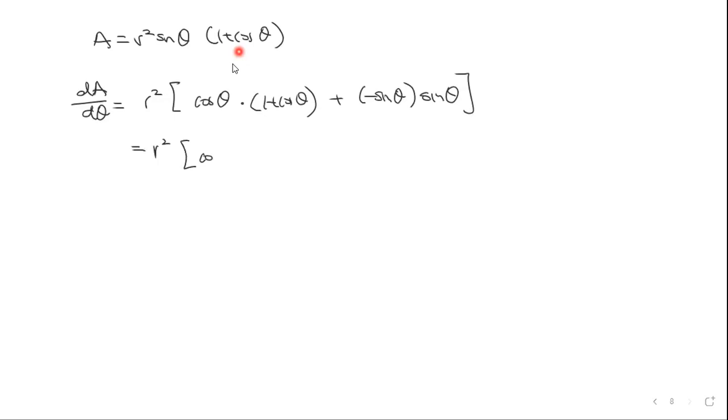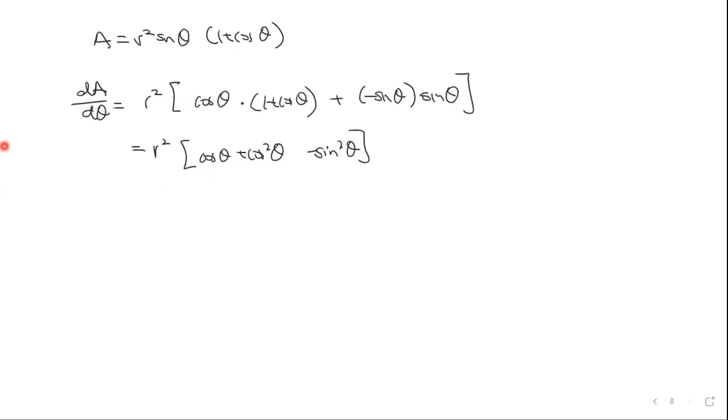A little bit of simplification. So you've got cos theta plus cos squared minus sine squared. And they've specifically asked us to show that they want it in terms of cosines. So we'll change the sine squared. Always keep in mind when you're trying to prove something what they want you to show.